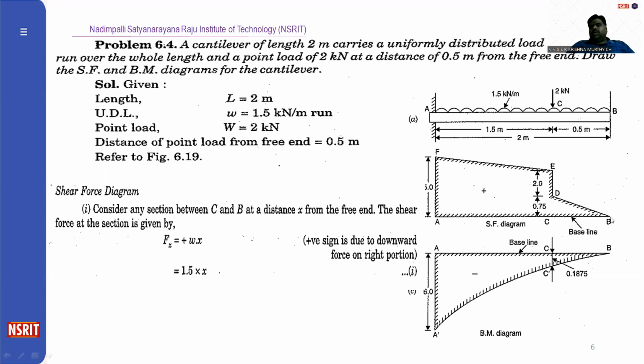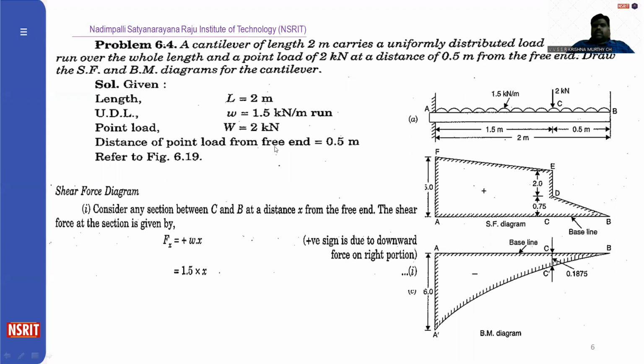At this particular point, it is 0. And then at particular B, how much will you have? 2 kilonewtons is wrong. It is 2 plus something. Why? Because at this particular B, we have a certain UDL. So considering the section from C to B at the free end, the shear force will be W into X. So 1.5 into the total length.